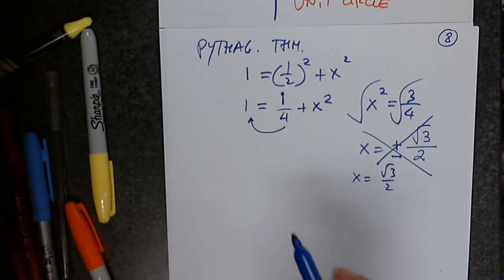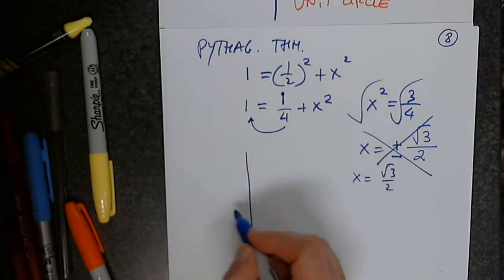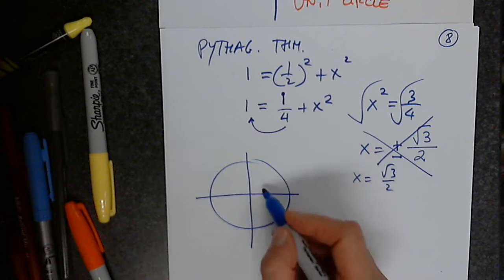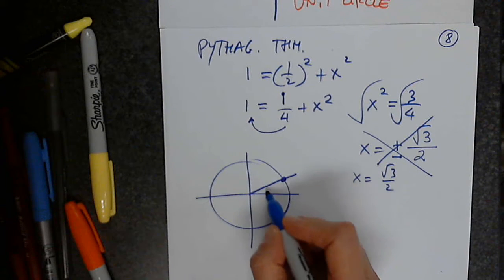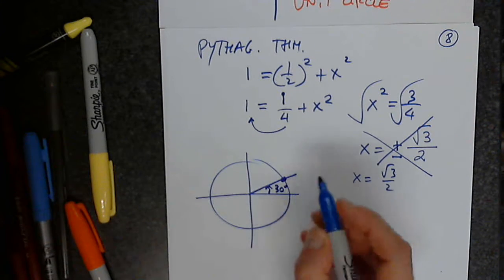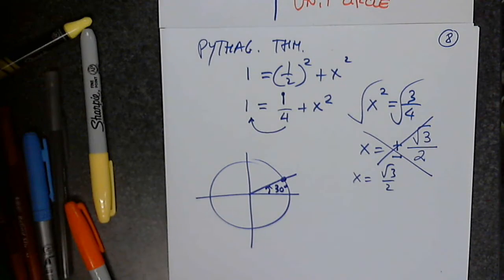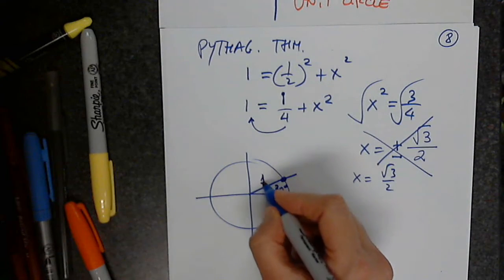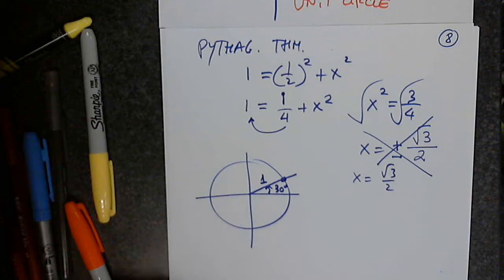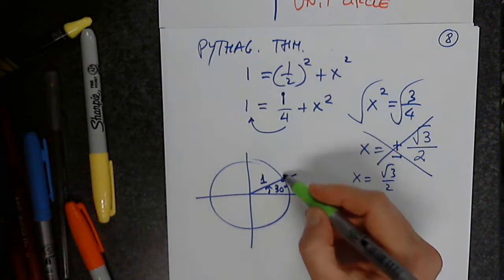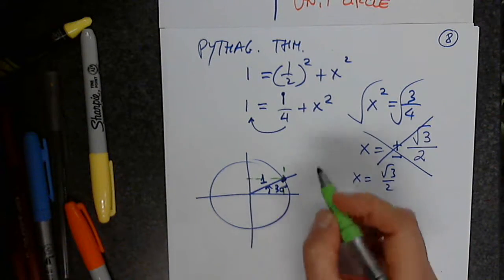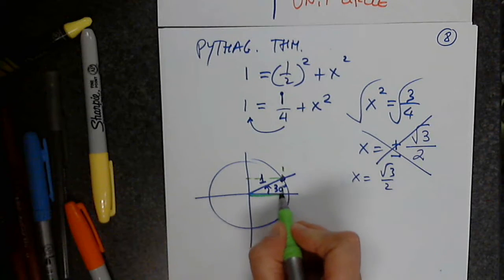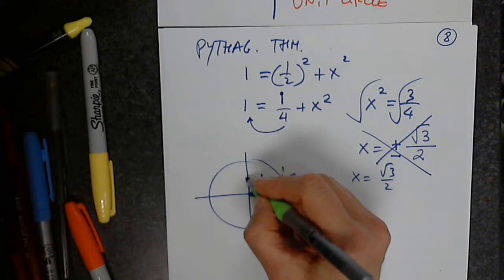So I'm coming back to the unit circle. I don't want to write on the same unit circle, so I'm going to go back. Whenever this is a 30-degree angle, and it's on the unit circle, and I want to determine x, and I want to determine y.